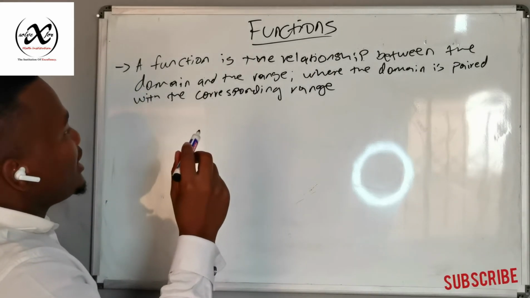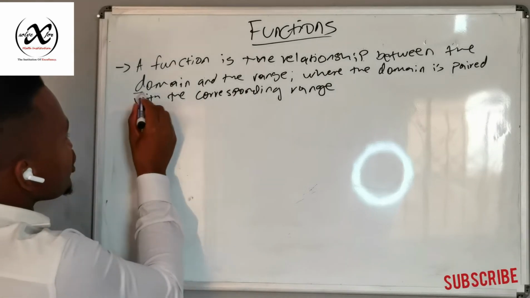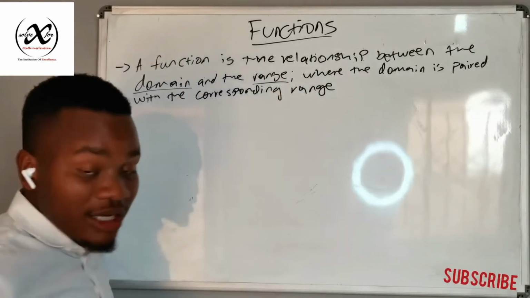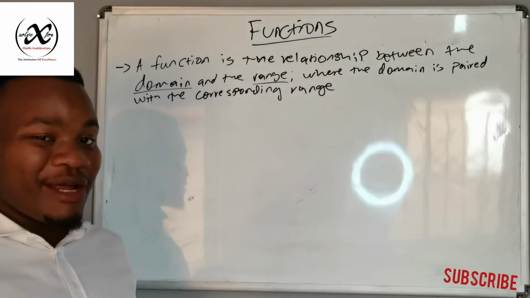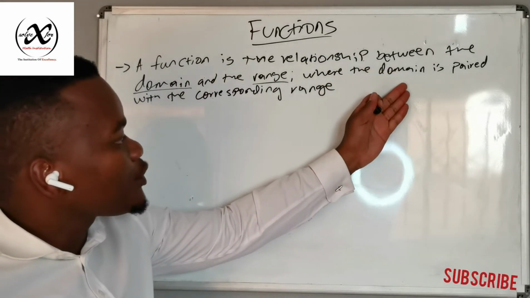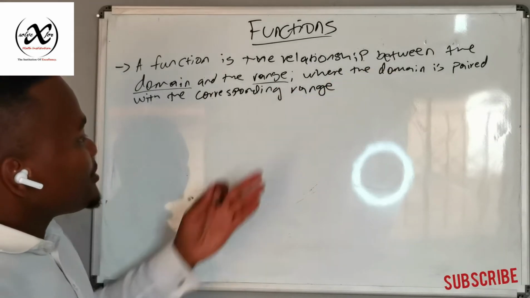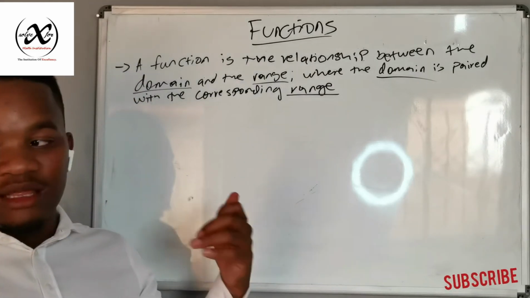We say a function is the relationship between the domain and the range, right? So the relationship is between the domain and the range, and the domain should be paired with the corresponding range. So our main focus here is the domain and the range.